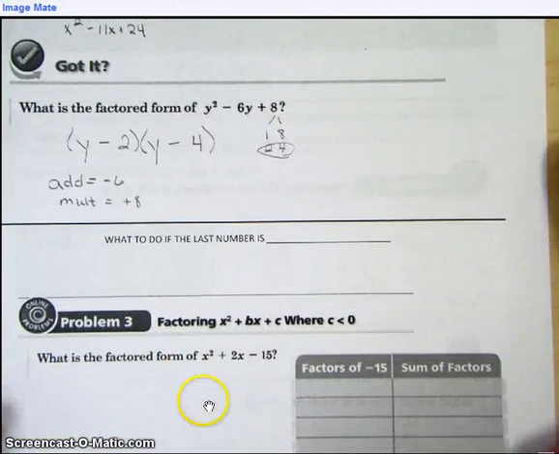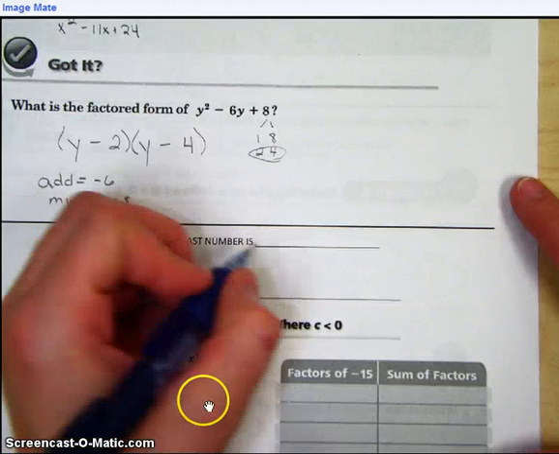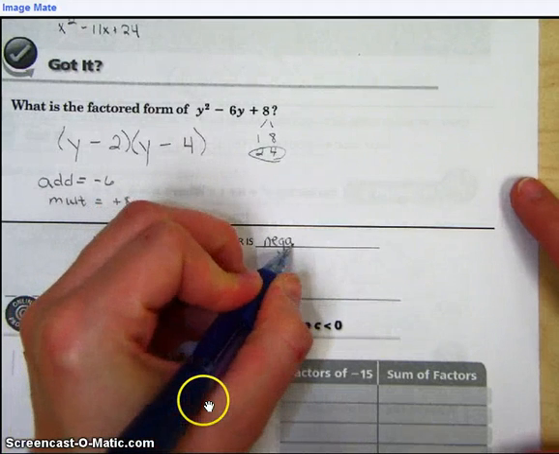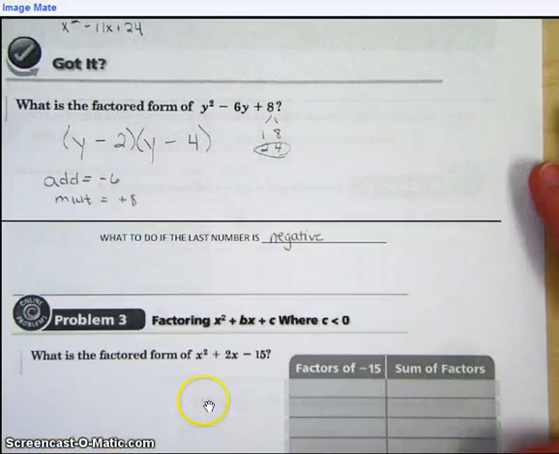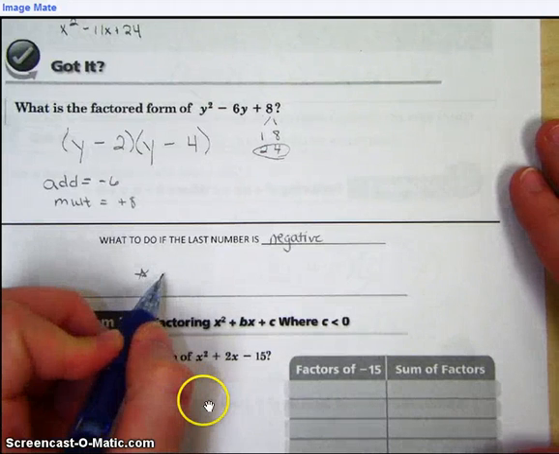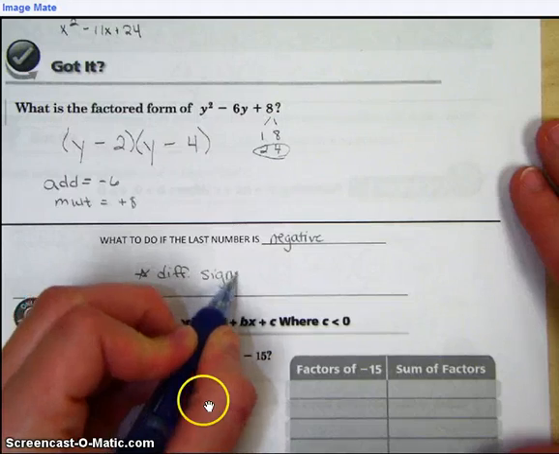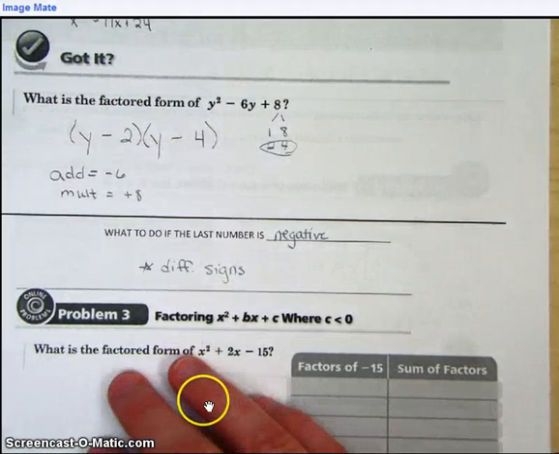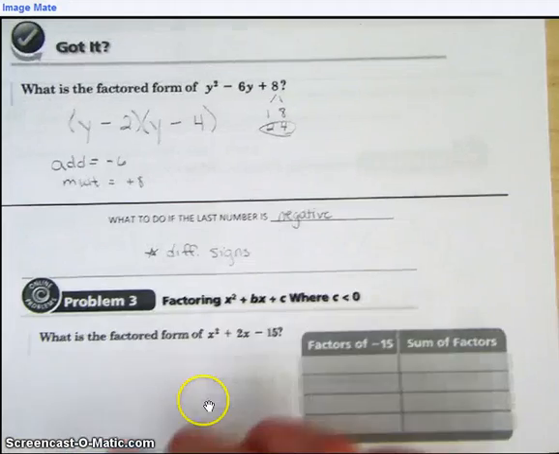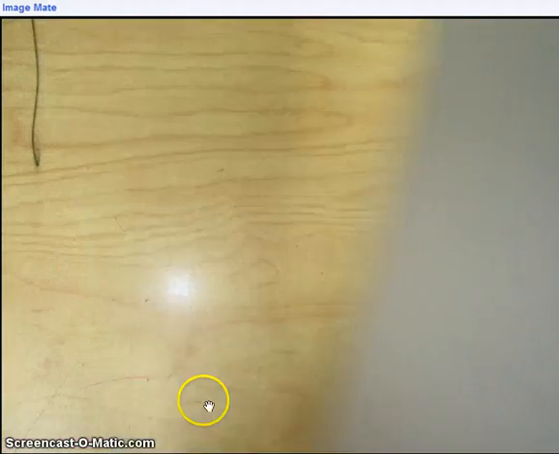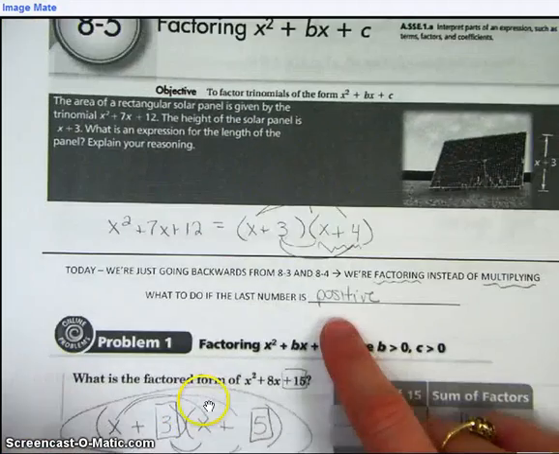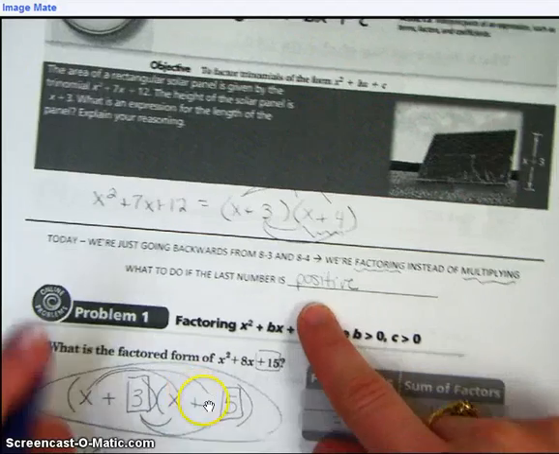Alright, let's keep going. What if the last number is negative? Well, if the last number is negative, let's just make a note. You're going to have different signs. In fact, let's go back and make a note on the front. If the last number is positive, did you notice what we did?